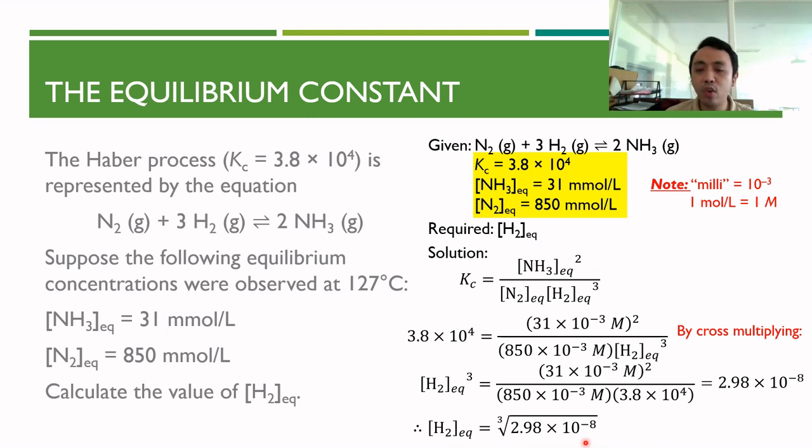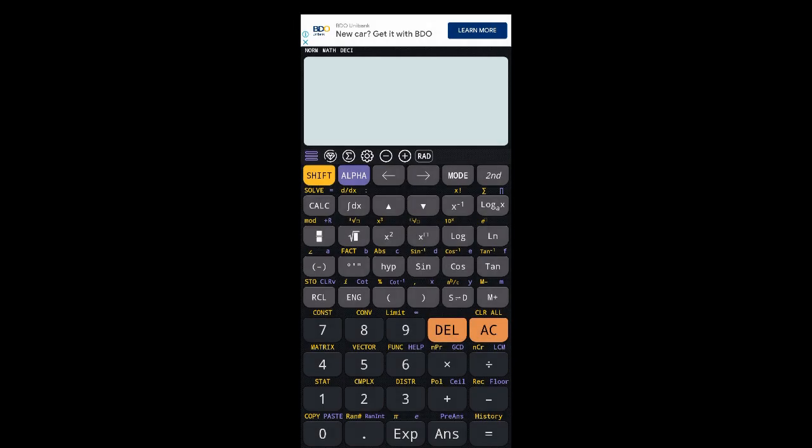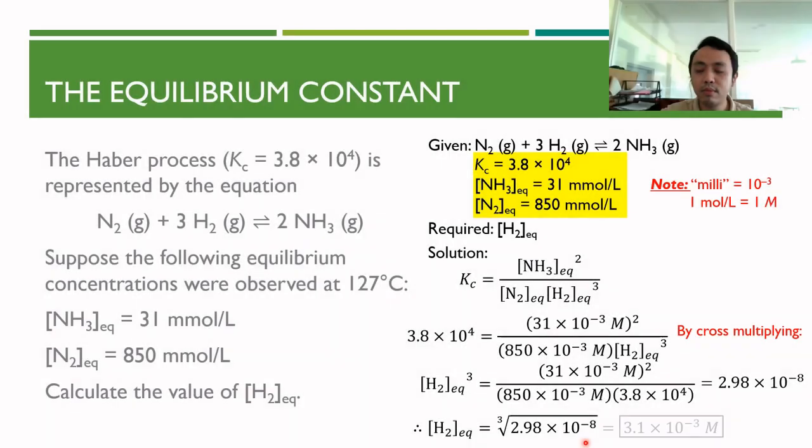Now getting our calculator, we will get the value of the H2 at equilibrium, which we find to be equal to 3.1 times 10 to the negative 3.